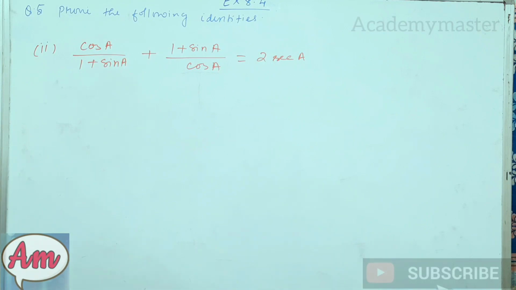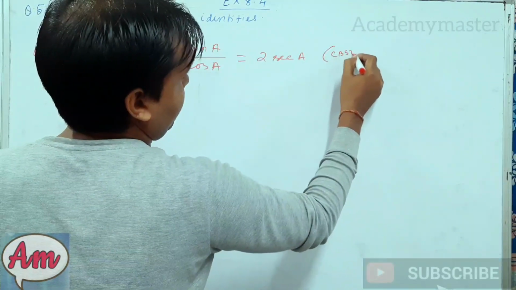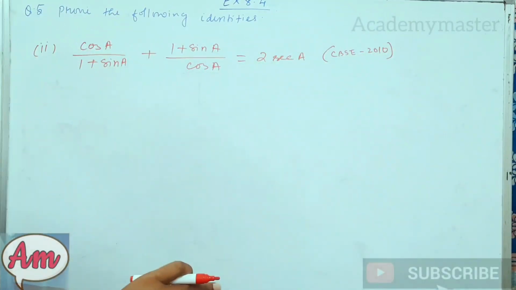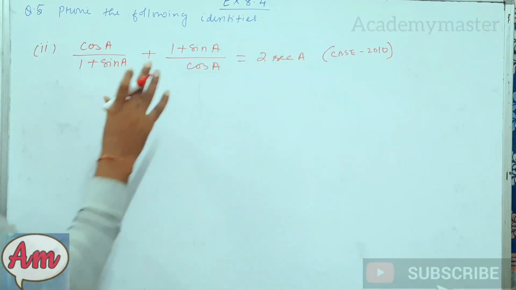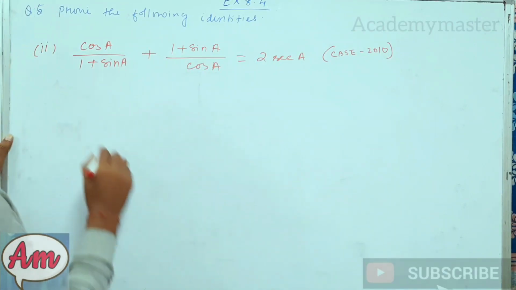And this one also was asked in CBSE 2010. In NBSE also it is asked. So don't think that sir is giving only CBSE, it is asked in our state board also. So I told you these 10 questions will be very important, extremely important.